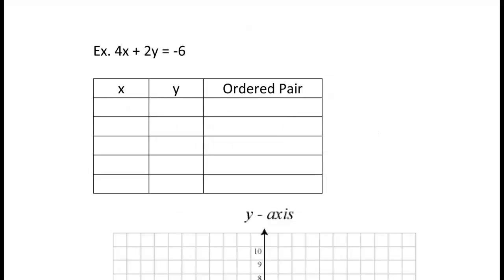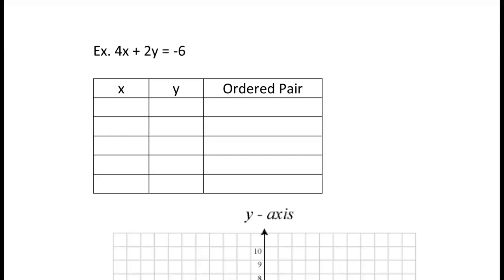After you've checked that your answer is correct, we're going to move on to an example with 4x plus 2y equals negative 6. Now, we are going to manipulate this equation and isolate y by itself. But just as a reminder, you can actually solve this without manipulating it, but it is a couple more steps.